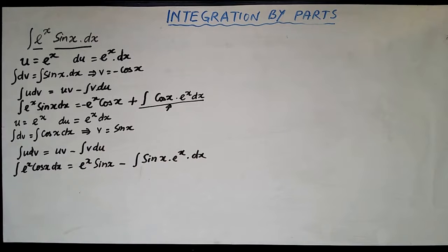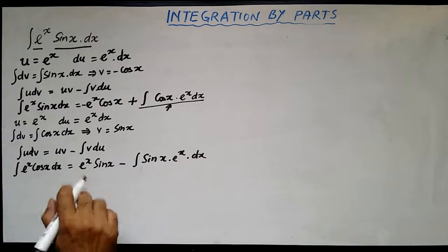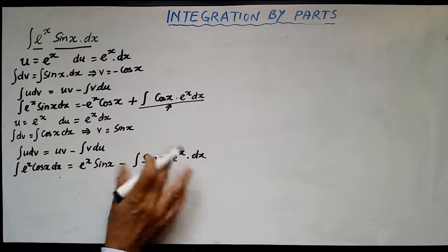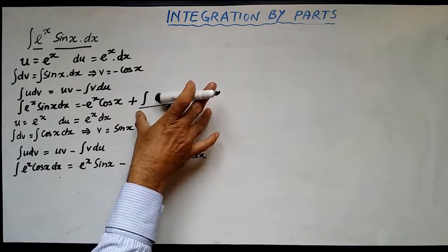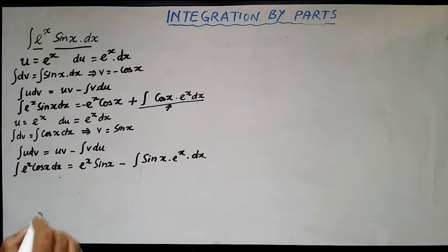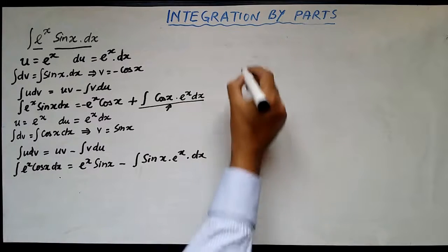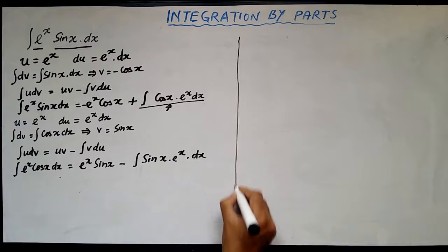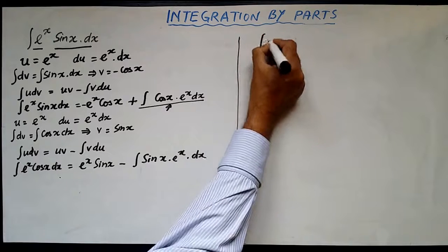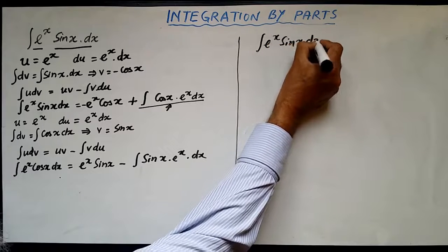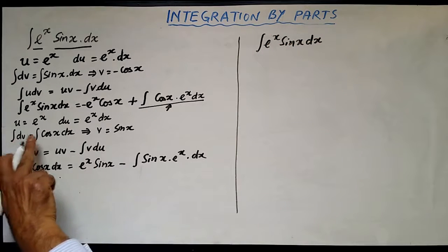Okay, now since this is the expression for this one, we substitute this expression in place of this one. So what do we get? We get integration of e to the power x sine of x dx. This is the expression here.